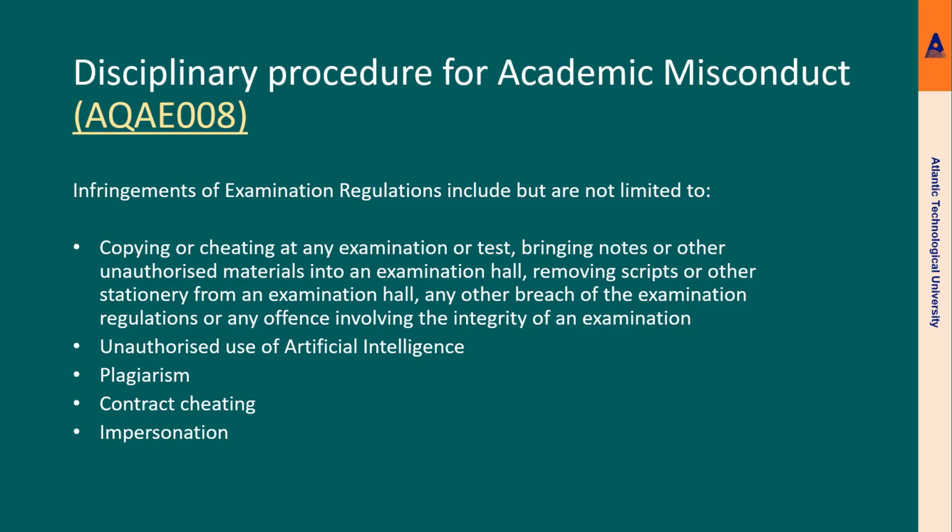Impersonation is where you ask somebody else to take the exam on your behalf, and both the impersonator and the impersonated person are liable to disciplinary proceedings. There are different levels of seriousness of incidents that occur, and there is a range of sanctions available to a disciplinary committee to deal with them.